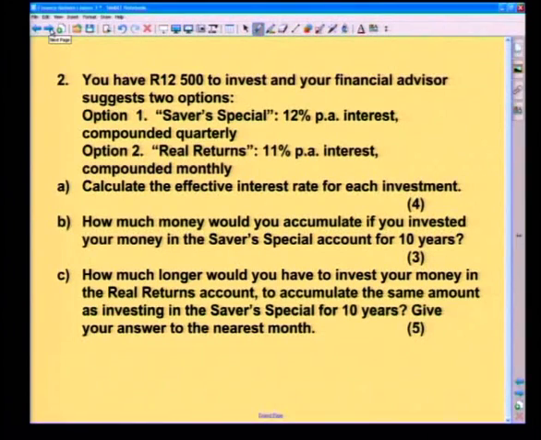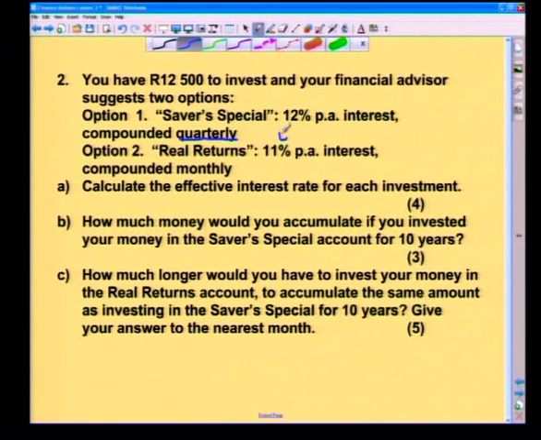Let's see what's next. This says you have 12,500 Rand to invest, and your financial advisor suggests 2 options. Option 1, Saver Special, is 12% per annum interest compounded quarterly. Now, a very good skill when you're doing this kind of thing is to stress what's important.